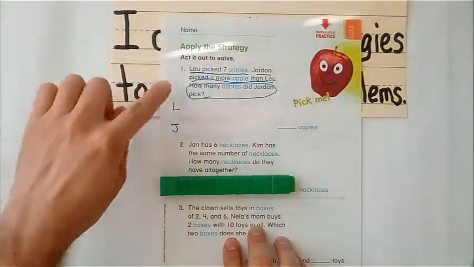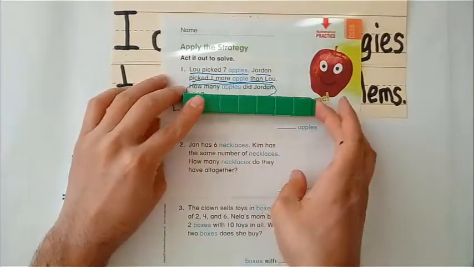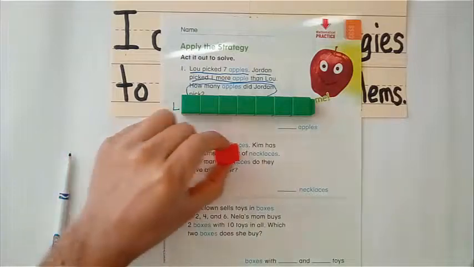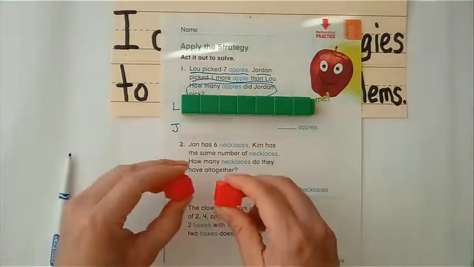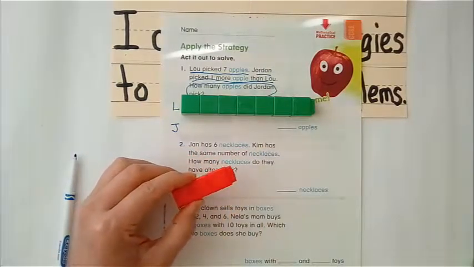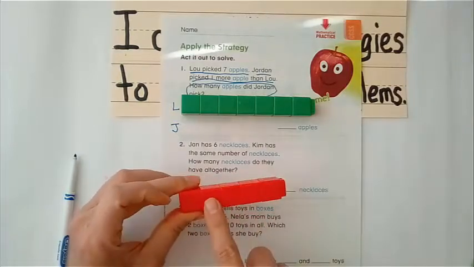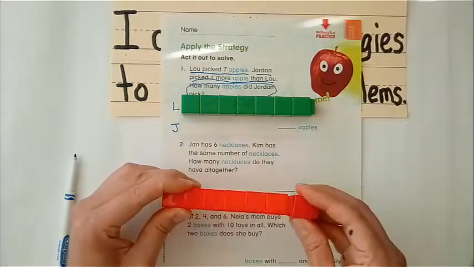And then I know that Jordan picked one more apple than Lou. So one more, what does that look like? One more apple. Now that doesn't mean that he only picked one apple. He picked one more, so it's going to look like that. So I need to put 7 apples, right? 7 apples. 2, 3, 4, 5, 6, 7.